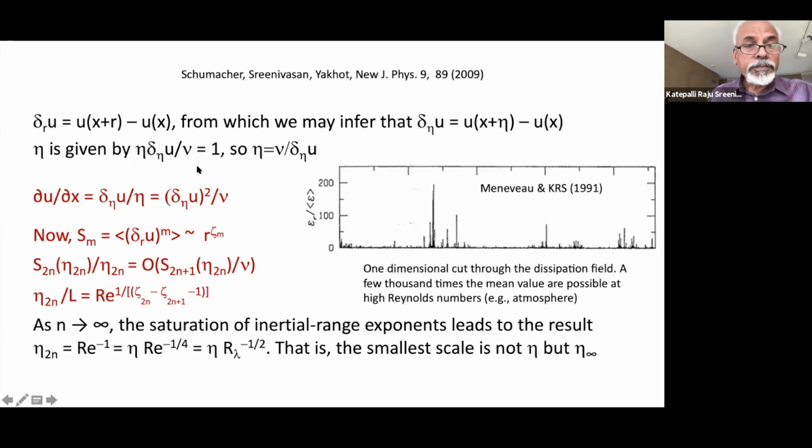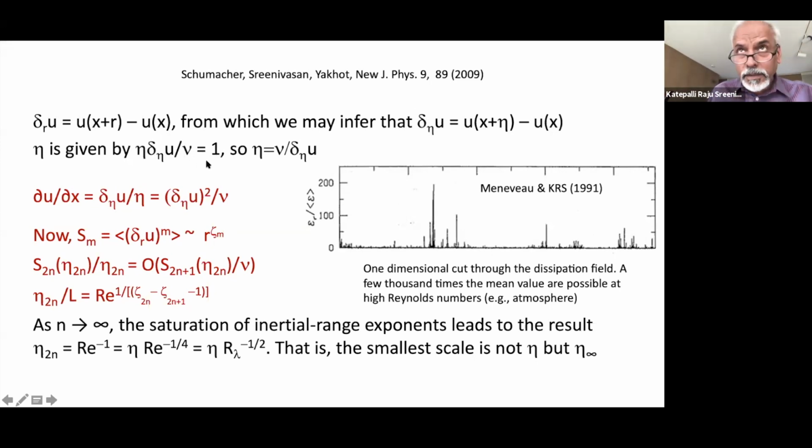And then the definition of eta would be that the Reynolds number based on this velocity increment across eta and eta itself, that's what I've written down here, eta times the velocity scale divided by viscosity, is 1. That's a definition for eta.